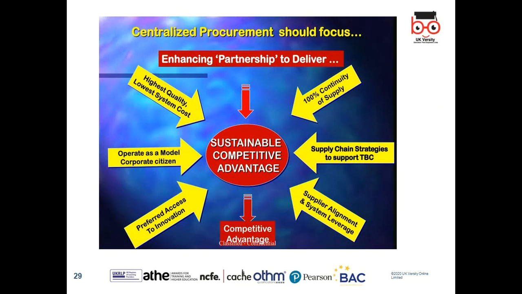Centralized procurement focuses on enhancing the partnership to deliver the highest quality, lowest system cost, and operate as a model corporate citizen. What is meant by corporate citizen? Anybody knows? What is the organization definition? What is meant by organization?